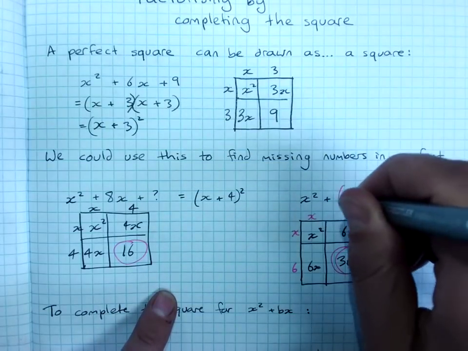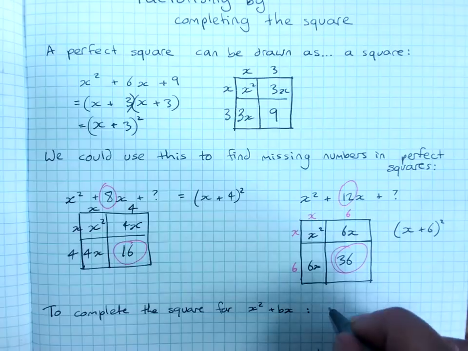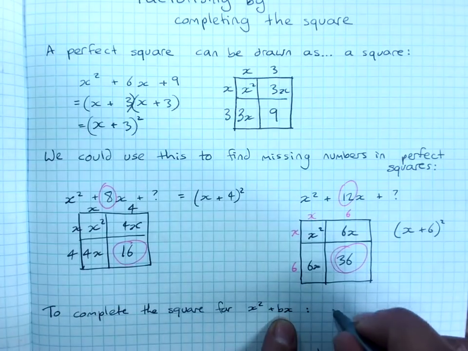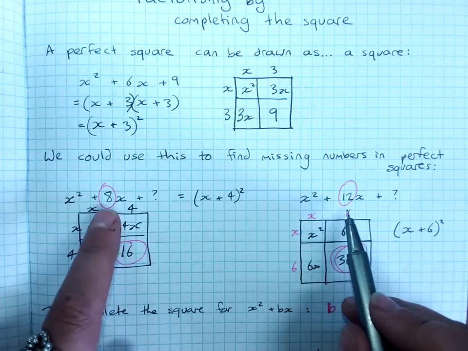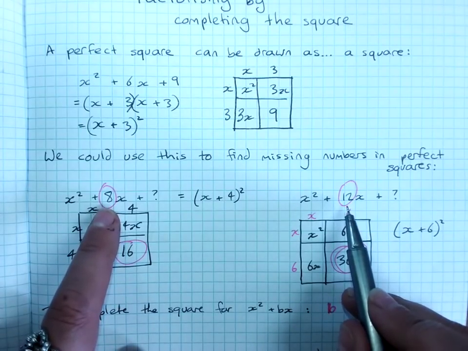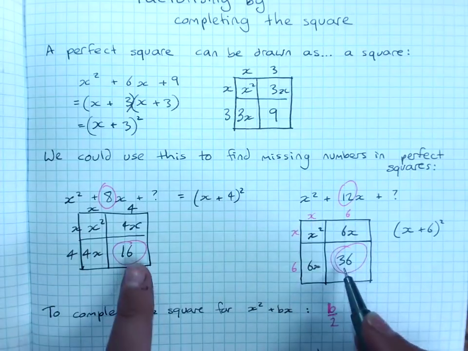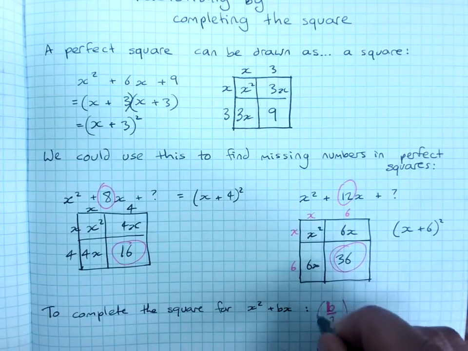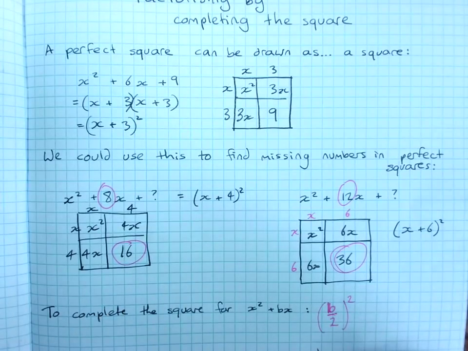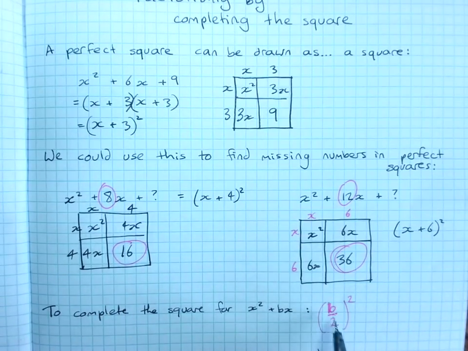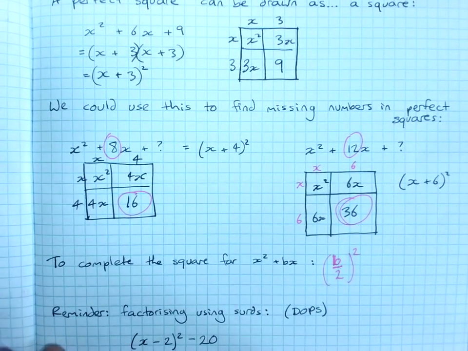Well, I took the number in front of x, which you'll remember is b, in x squared plus bx. I know that's got to be split into 2, so I divided it by 2, and then I squared it to get the missing number in that perfect square. So b over 2 squared completes a perfect square.